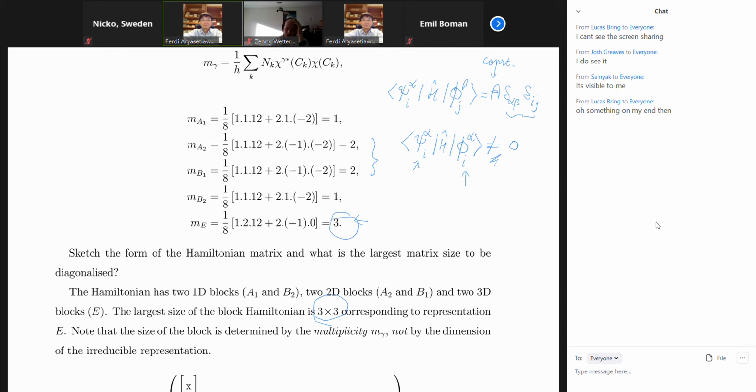So it is the multiplicity, this m here, that determines the size of the block matrix that you have to diagonalize. It's not the size of the irreducible representations. It's the multiplicity, not the dimension of the irreducible representation.